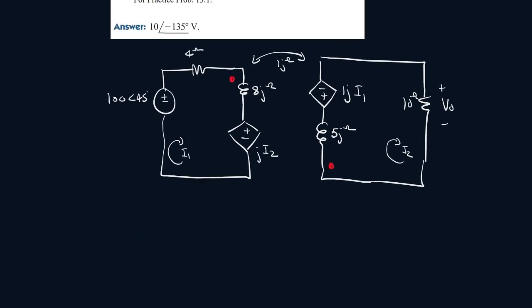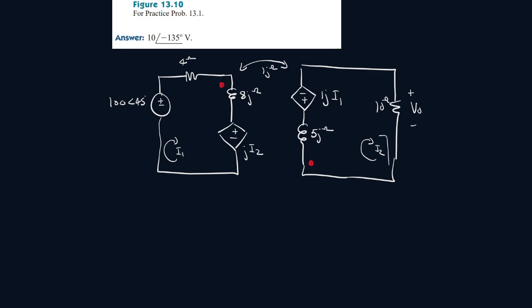Now our main priority is to find I2. That way we can use that to find VO. So first thing we're going to do is do a mesh. It'll be minus 100 phasor 45 degrees plus 4I1 plus 8jI1 plus jI2.